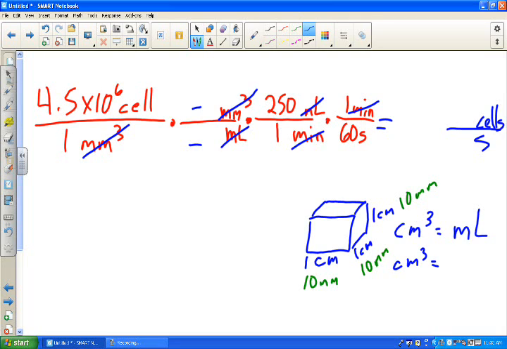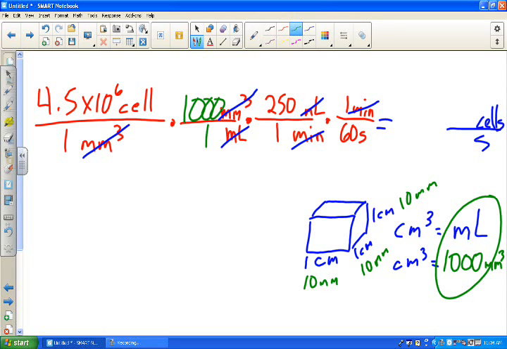So 1 cubic centimeter is actually equal to 10 times 10 times 10, or 1,000 millimeters cubed. That is our conversion ratio. So now we're going to fill in the blanks: 1,000 millimeters cubed is equal to 1 milliliter. Now we multiply straight across the top and straight across the bottom, find the unit, and that'll give us our answer to question 35.